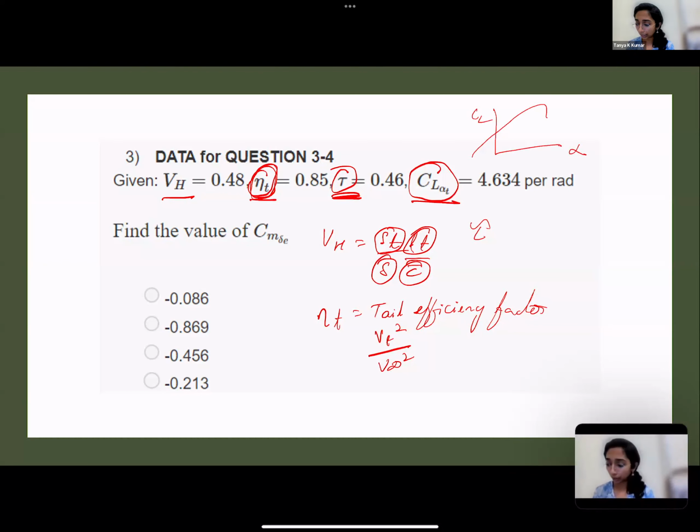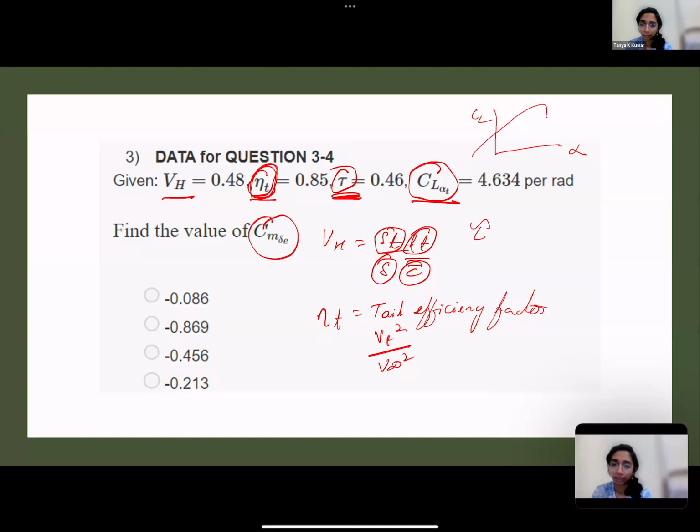Now let's find out CM delta E. What have they asked you to find out? CM delta E. How do you find that? What is CM delta E?